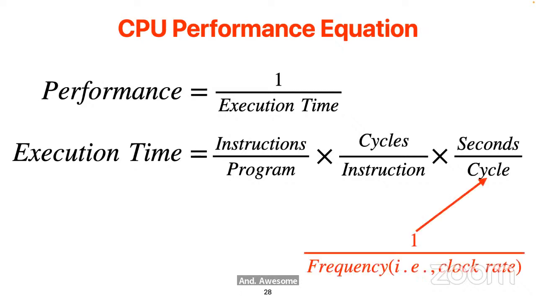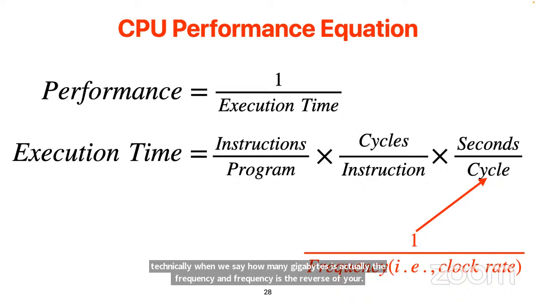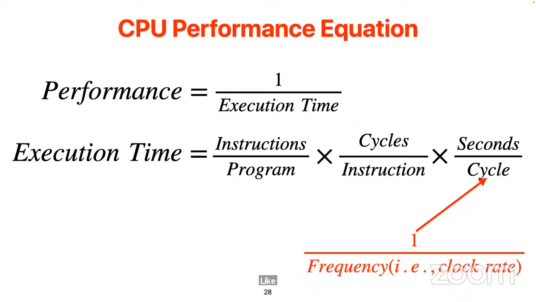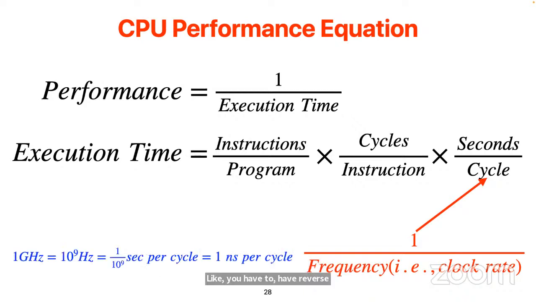Typically when we say how many gigahertz, it's actually the frequency, and frequency is the reverse of the cycle time. So most of the time we give you gigahertz or megahertz, and you have to reverse it to get the cycle time. There's a quick way of calculating it.